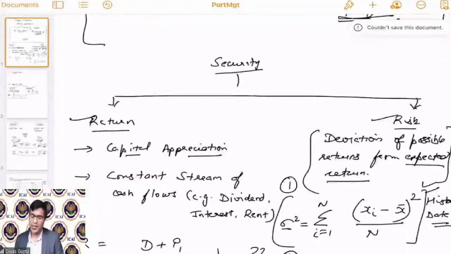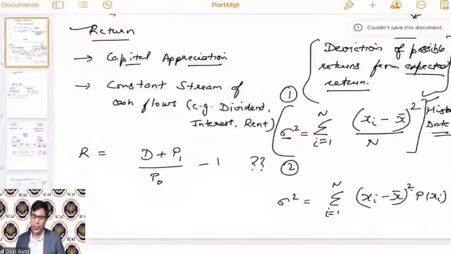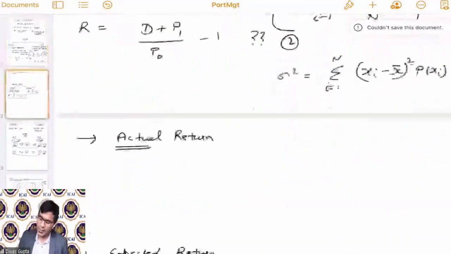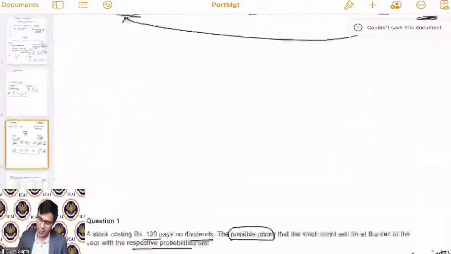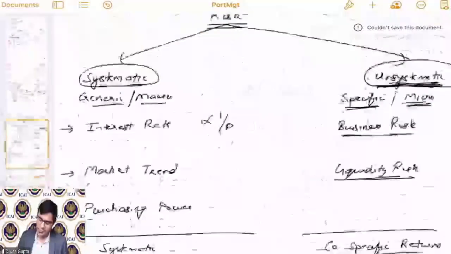From the security standpoint and the portfolio standpoint, we always evaluate in the form of 2 characteristics: one is return and one is risk. For both of them, there are 2 scenarios: historical data and futuristic data. In historical it will be the number of observations, and in futuristic it will be the probability that will be used.